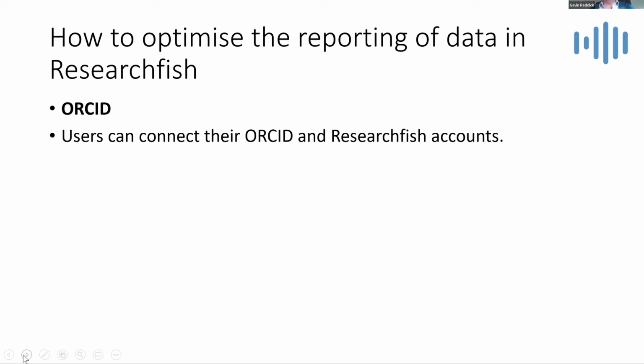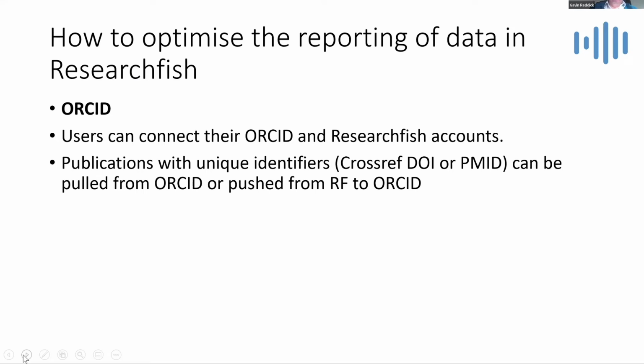You may have them pushed from different systems. You may have them because you would like to keep track of it. You may publish with them as well. If you do that, then publications with unique identifiers, so Crossref DOIs or PubMed IDs, can be pulled from ORCID into researchfish or pushed from researchfish into ORCID.